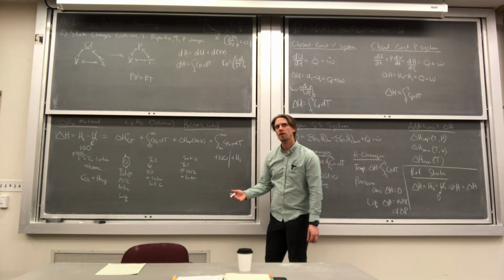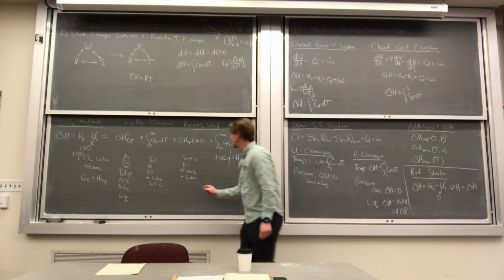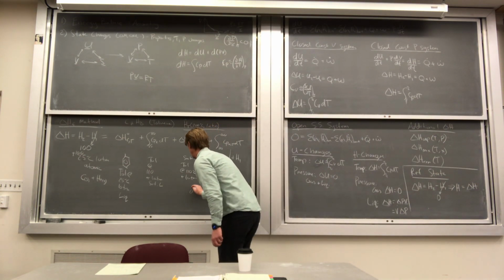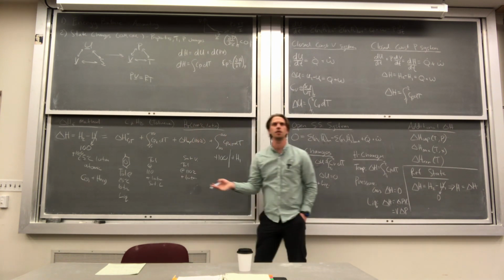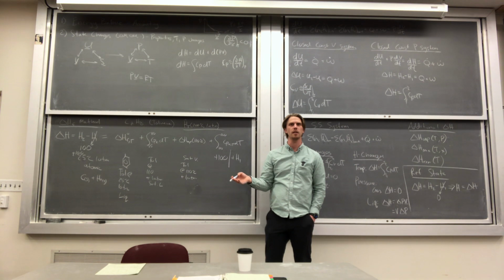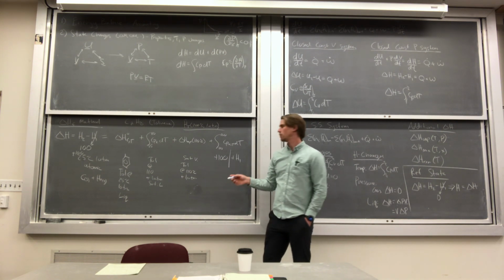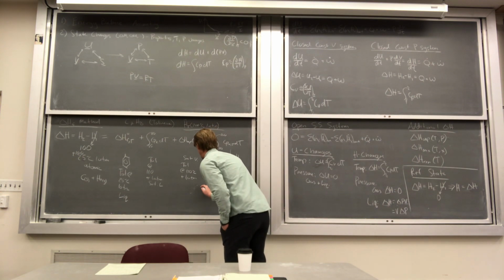Now let's think about calculus, right? So if I'm integrating dH, we're going to get, this is like the constant of integration. It's the reference state. So when you're doing your calculus, you'll integrate something and you'll get the plus C at the end, right?